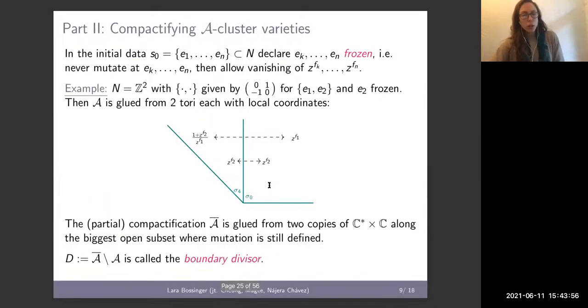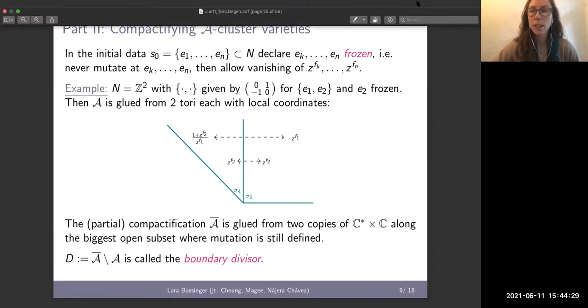And in the partial compactification, I may now add a divisor that allows this second cluster variable z to the f2 to vanish. So I will be gluing not two tori, but two copies of C star times C along the biggest open part where my mutation is still defined. And the difference between the compactification and the A variety itself is a divisor that is called the boundary divisor.